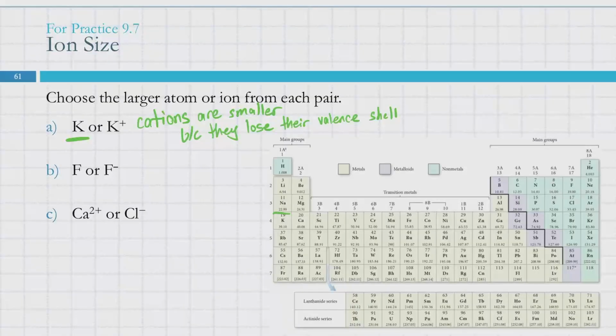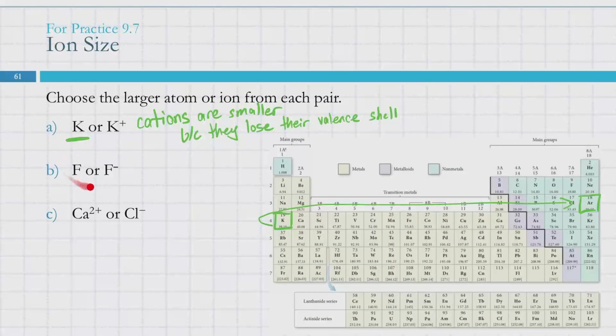So for potassium, we're stripping away the shell. It becomes basically argon in terms of its electron configuration, but it's got 1 extra proton compared to argon, so it's going to be extra small because of that.